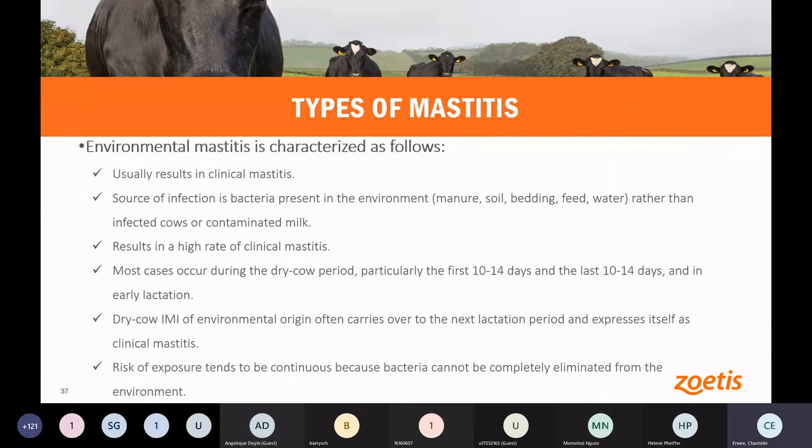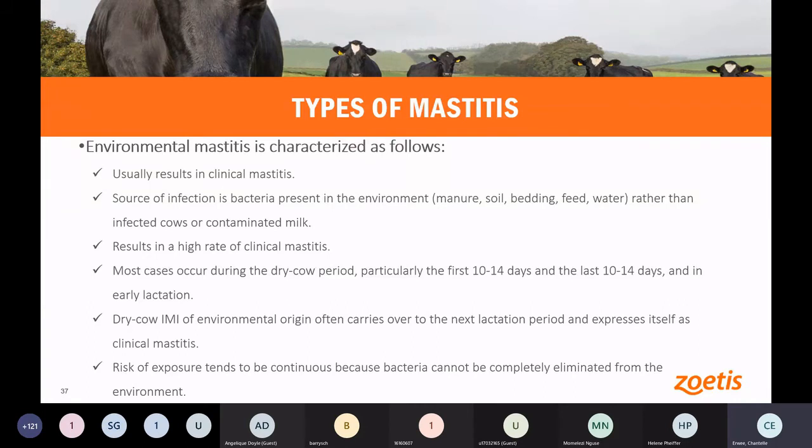Environmental mastitis usually results in a clinical mastitis, and the source is the environment, right? This is very hard to control because you can't really get rid of the environment. High risk is usually in the early and late dry period, as well as early lactation.